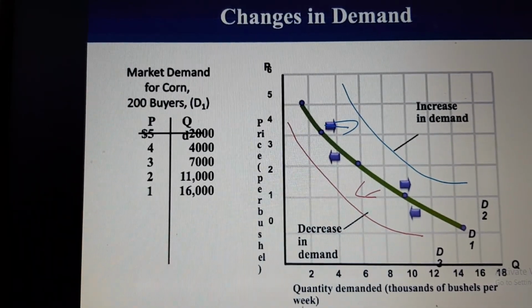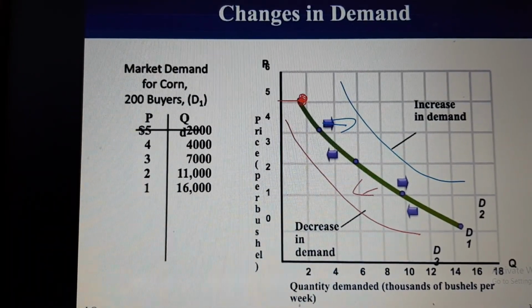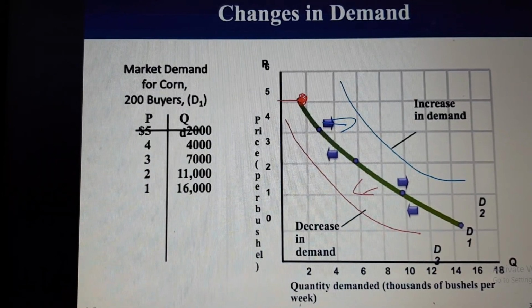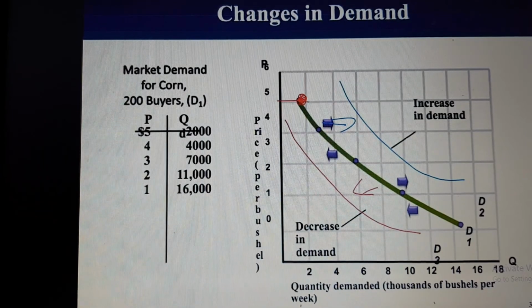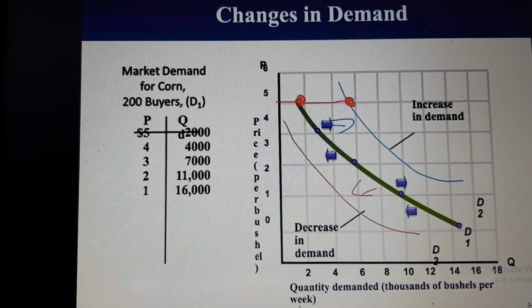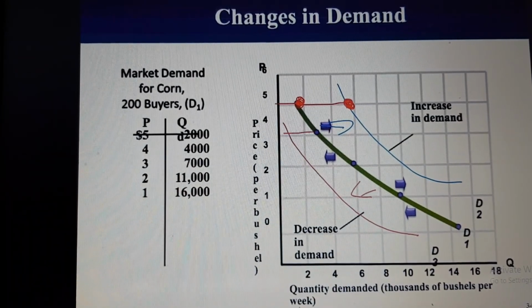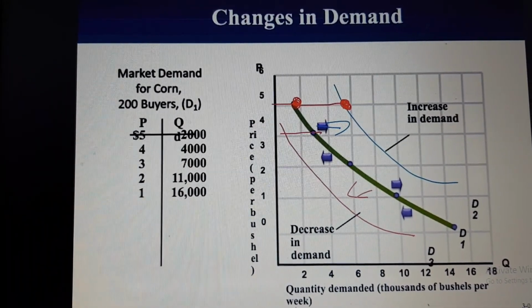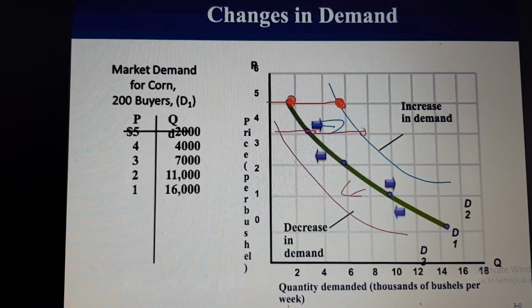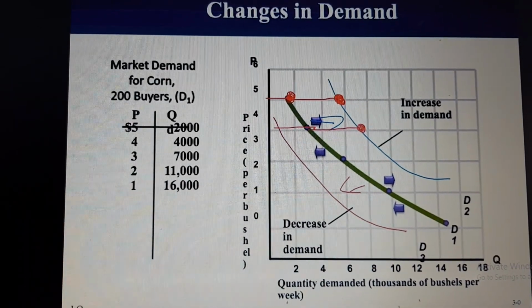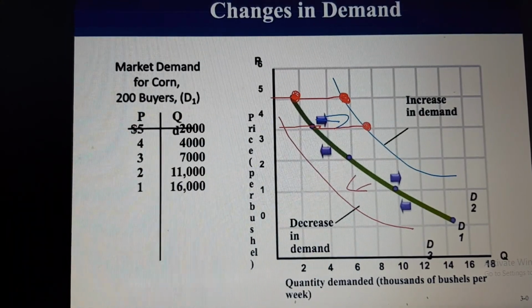So for example, before, at $5 we were at 2,000 bushels of corn demanded, but when there was an increase in demand, it went up to almost 6,000 bushels of corn, and at $4 there was 4,000 bushels of corn demanded, and with the increase in demand, now it's almost 8,000 bushels of corn demanded, etc. So quantity demanded changes at every price when there's a shift in demand.